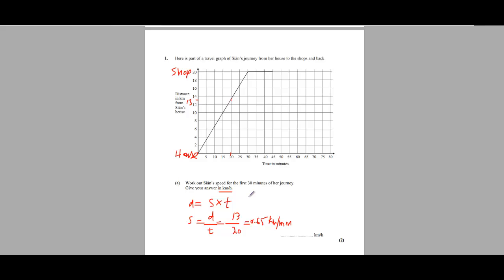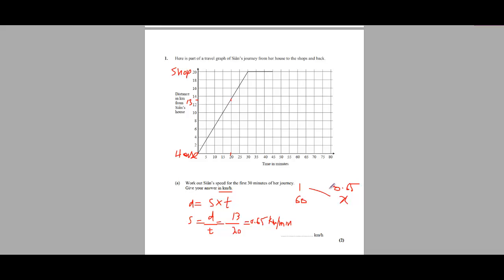So we will use the ratio method, cross multiply. It means that 0.65 kilometer takes 1 minute, and 60 minutes, that is 1 hour, will cover how many kilometers?